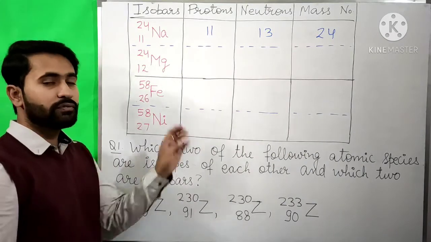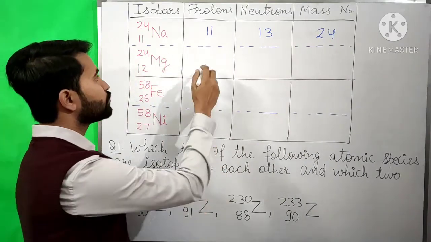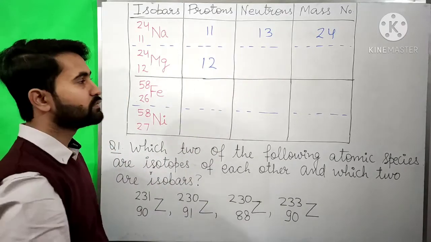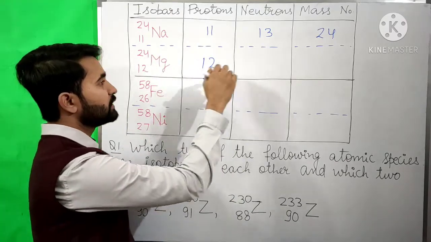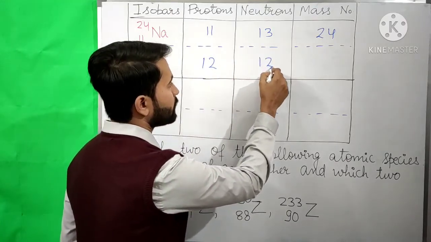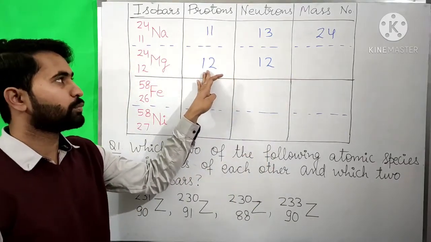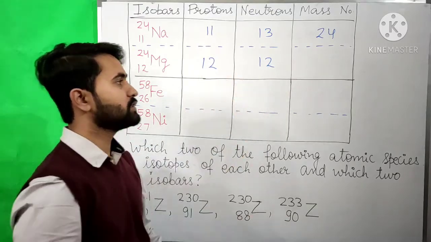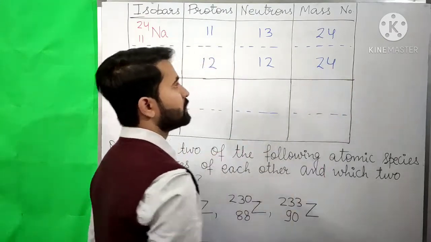Now in the case of 12Mg24, it will have 12 protons in it. For the number of neutrons, we will subtract 12 from 24, that will be 12. Now the mass number is equal to the number of protons plus the number of neutrons, that is 12 plus 12, which equals 24.